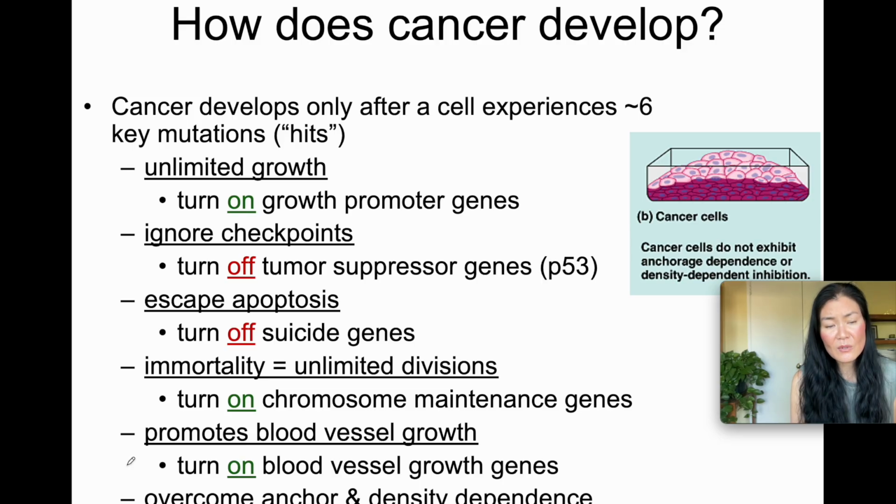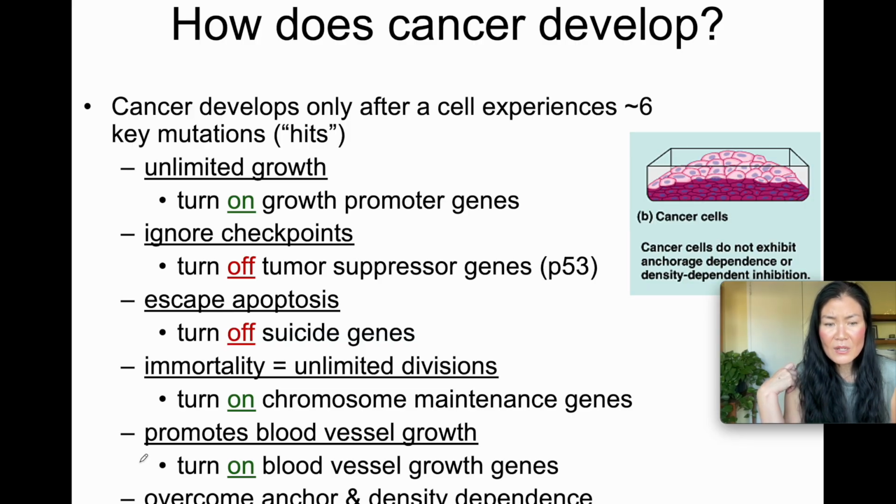And also promoting blood vessel growth. Cancer cells can promote blood vessel growth so that blood flow goes to the tumor and supplies it with oxygen and nutrients so that it can grow even bigger. And then these cancer cells overcome anchor and density dependence.